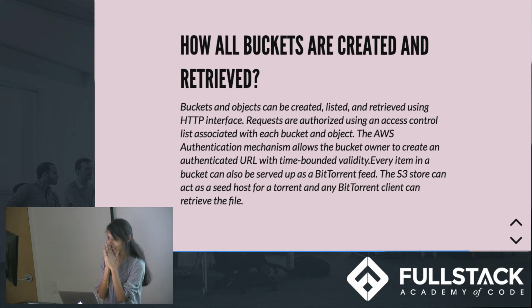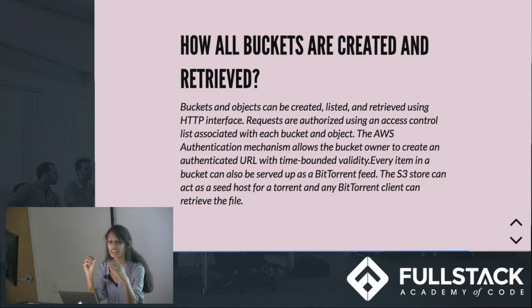How it is working, I am running short of time, so I am just giving you an overview. We just have to use the HTTP interface. We just have to do a GET request, POST request, PUT request, anything, to delete data, to upload data, to get data.